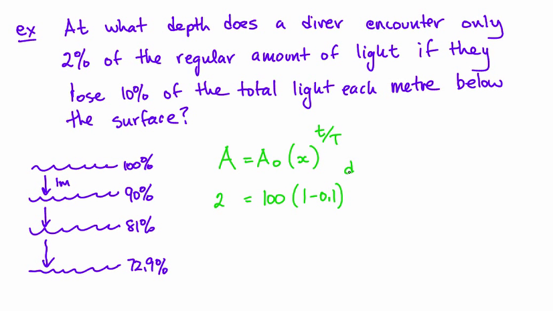Now, if I went down and I was losing it at 10% every 5 meters, then I would have to divide this by 5. Really, I'm dividing it by 1. So that capital T value is how long it would take, in this case, for light to go down 10%, and that's each 1 meter. So per 1. I won't write that down.